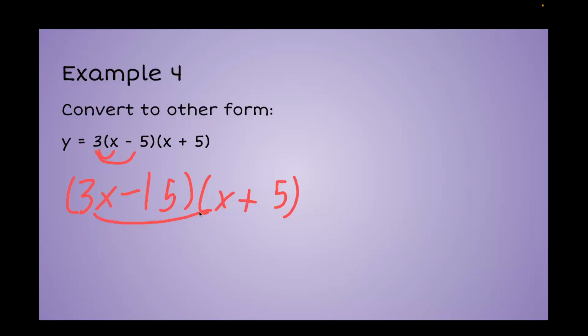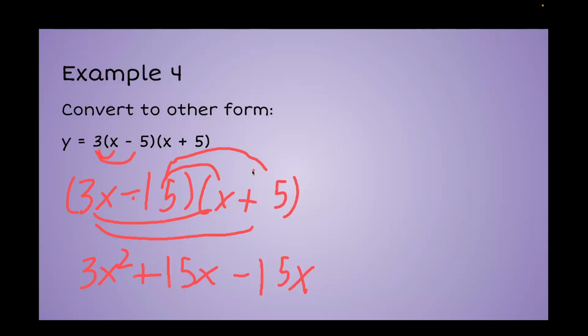3x times x is 3x squared. 3x times 5 is 15x. -15 times x is -15x. -15 times 5 is -75.